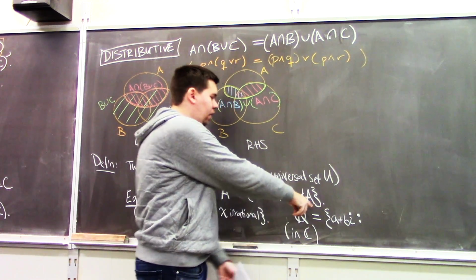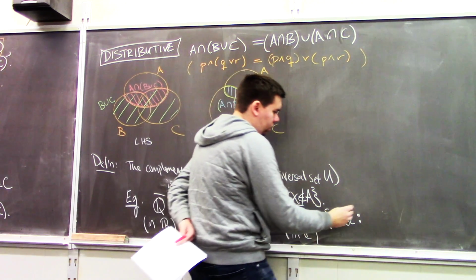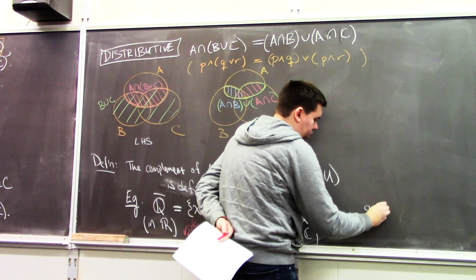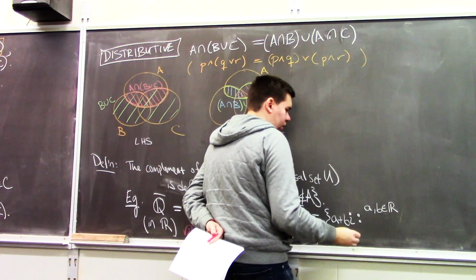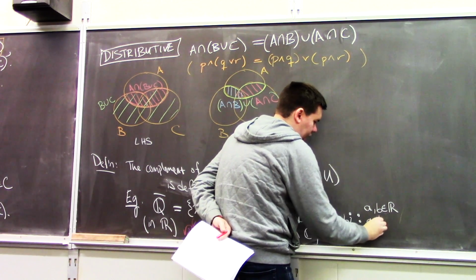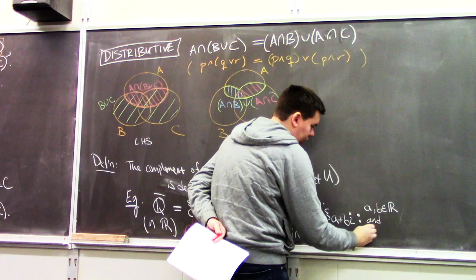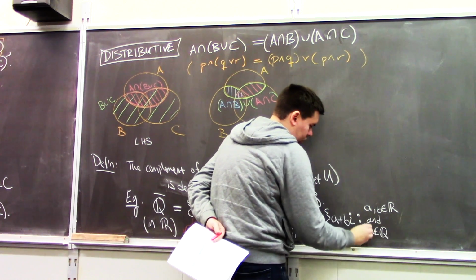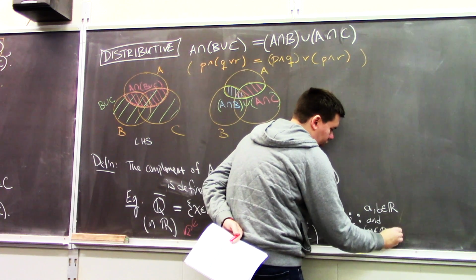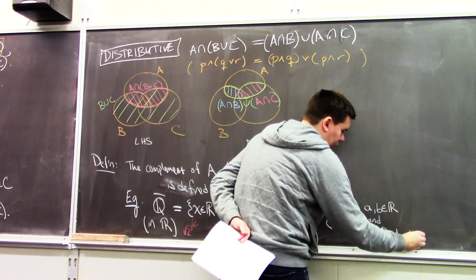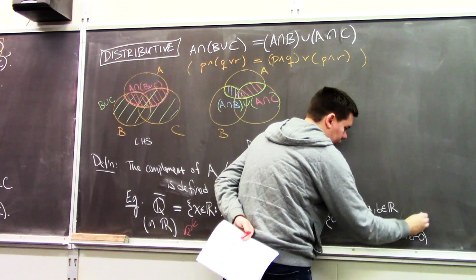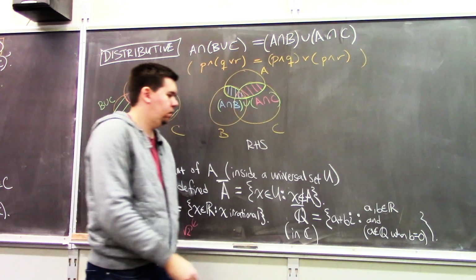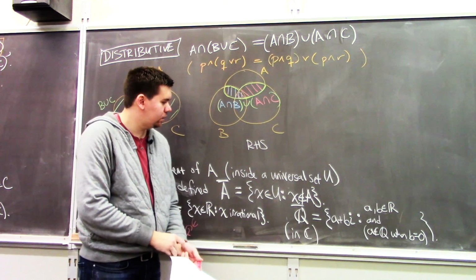So it's the set of all a plus bi where a and b are real, and you don't have that a is rational when your b is 0. Something like that.